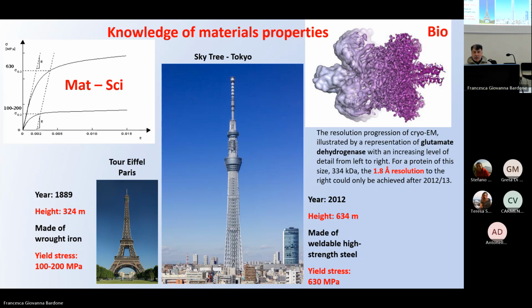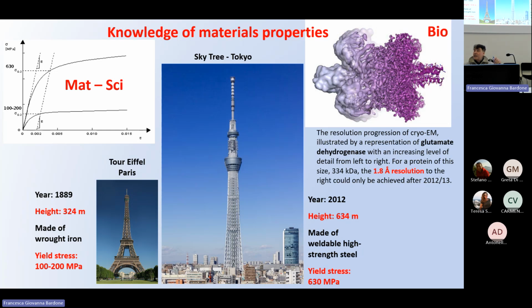In 1889, using wrought iron, one of the tallest towers was the Eiffel Tower. With wrought iron, remember the year 1889, the yield stress, so the maximum stress that the iron or the material at that time could be thought to be used to create a tower, is about 200 megapascal.